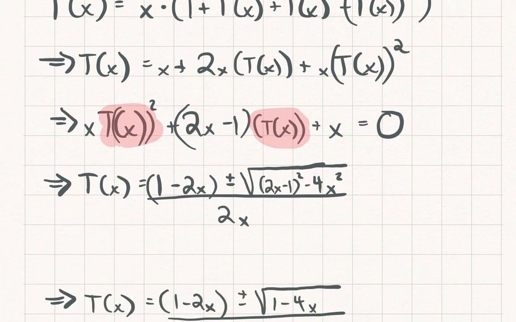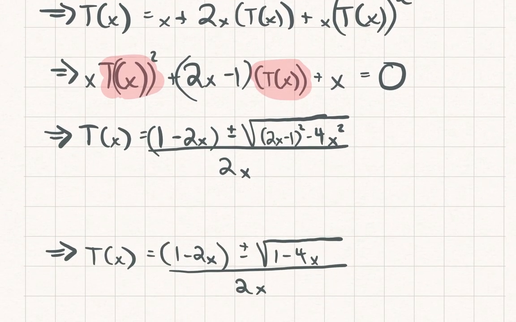Good stuff. And we can simplify what's in the square root here. This simplifies to 4x squared minus 4x plus 1. So the 4x squared cancels with this negative 4x squared, and we're just left with negative 4x plus 1, which I'll write as 1 minus 4x.